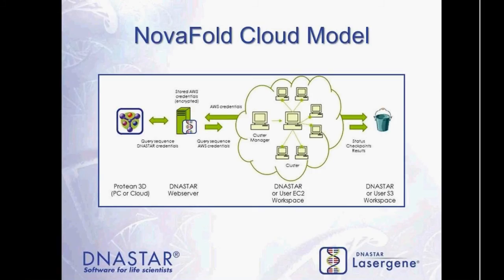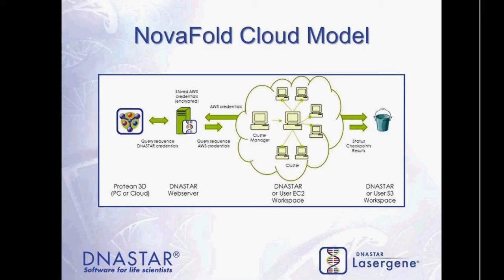First, your query sequence is submitted on your desktop computer with the Protean 3D application. With your Amazon Web Services credentials, the sequence is then sent to a cluster of computers on the Amazon cloud, where the actual structure prediction computations take place. When complete, the predicted models will be returned to the desktop computer and Protean 3D for your analysis.